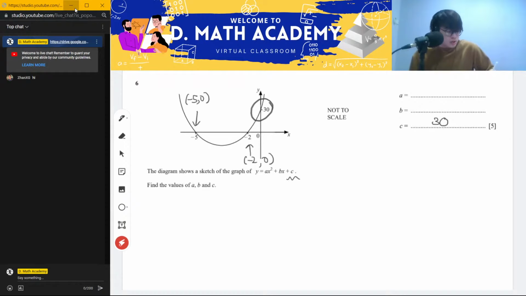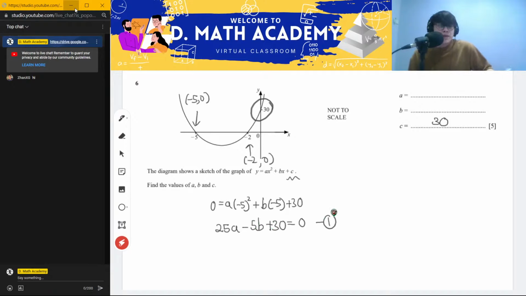You will end up with 0 equals a times negative 5 squared, plus b times negative 5, plus 30. So you've gotten your first equation as 25a minus 5b plus 30 equals to 0. This is your equation 1.